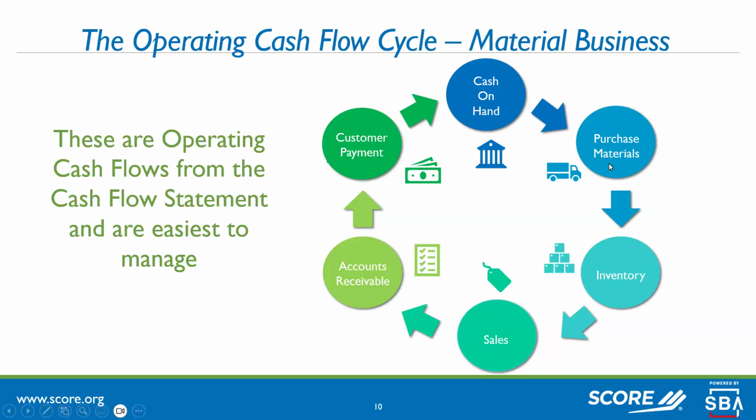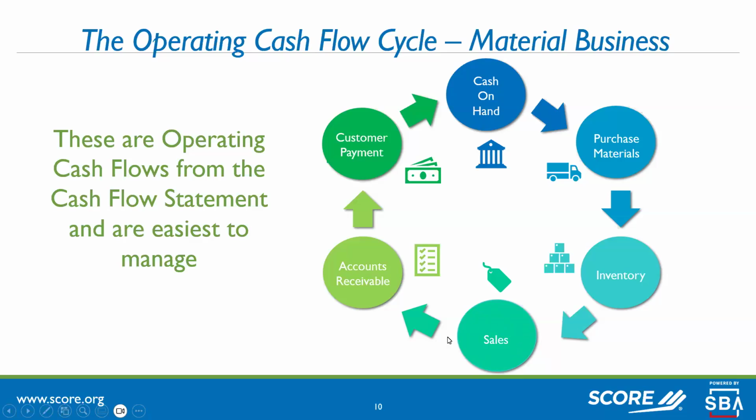In this case, we're talking about a material business, so we're assuming that you buy materials. This would be for a retail business or manufacturing business, something of that nature. So you purchase materials. You may have to manufacture the product, or you may just hold the product in inventory, but at some point that becomes inventory. And then that sits there until you sell it. When you sell it, it becomes a sale.